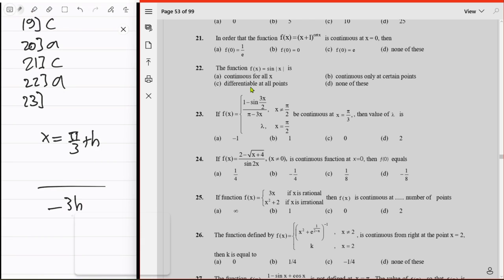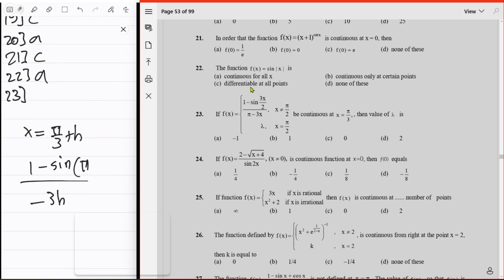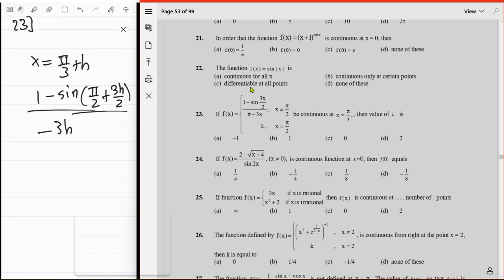And what is this thing? I'm gonna sine of 3x upon 2. It's like 1 minus sine of 3 times of this thing, which is pi. Oh, actually 3 upon 2. Fine, just pi upon 2 in that case, right? Then you got plus 3h upon 2. And this thing just turns out to be what? Cosine of 3h upon 2 is just 1 minus cosine of 3h upon 2 upon negative 3h.